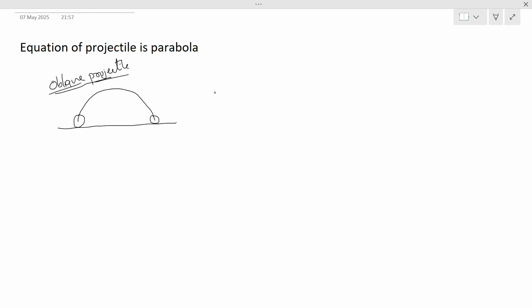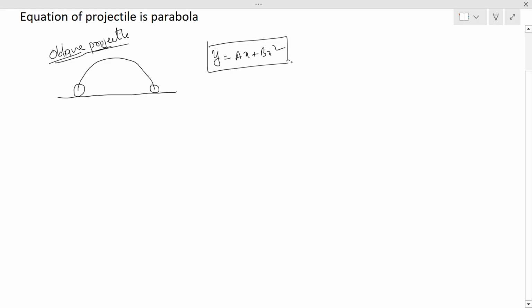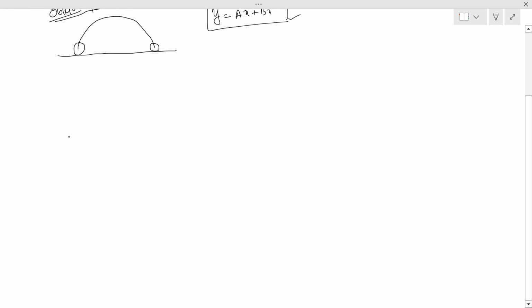Mathematically, the equation of a parabola is y equals ax plus bx square. This is the equation of a parabola. In this way, we need to adjust our equation. So let us take an object thrown with initial velocity u at angle theta.